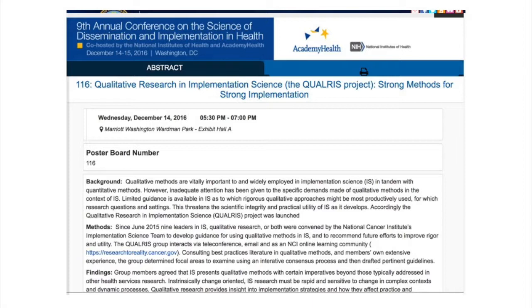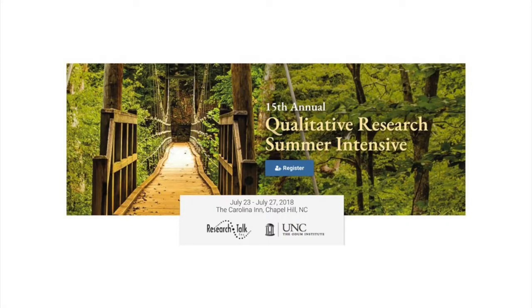This is an initiative that Larry and Allison and myself are members of, thinking about creating guidelines for implementation science on how to use qualitative measures. We can share more about it with you. It's not yet published, but it's going to come out soon, right? Good. And then one more resource on qualitative research. I was so excited to see this. I actually didn't know about it.